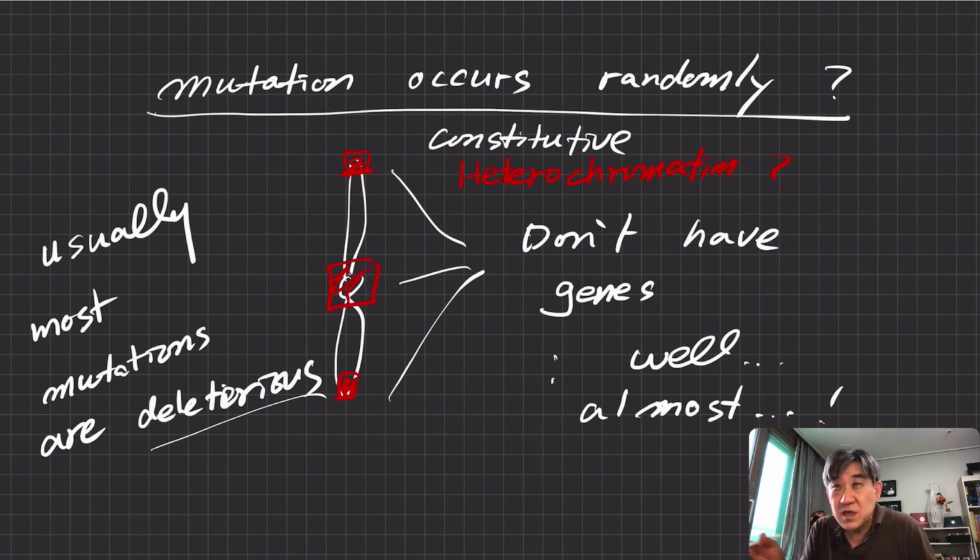If you have any kind of DNA sequence alteration, so be it, because I'm not going to suffer from the consequence. That kind of difference accumulates over a long period of time, and the observed consequence is that you have a much higher DNA sequence variation in those heterochromatin areas.